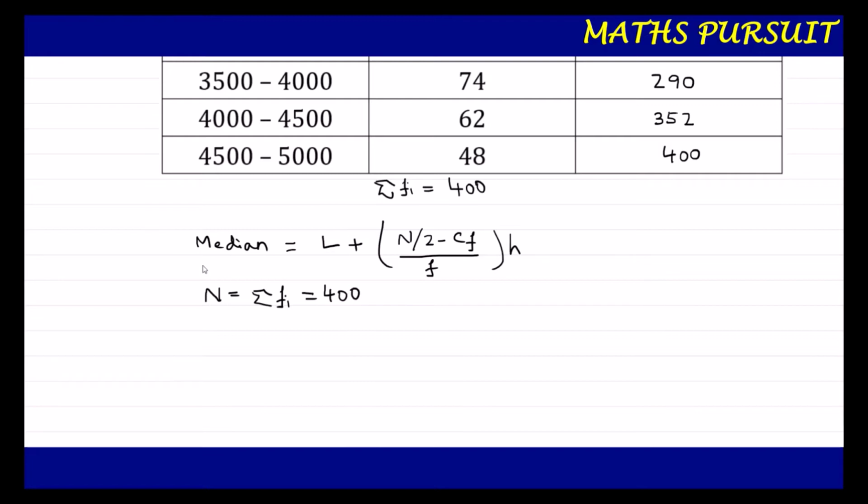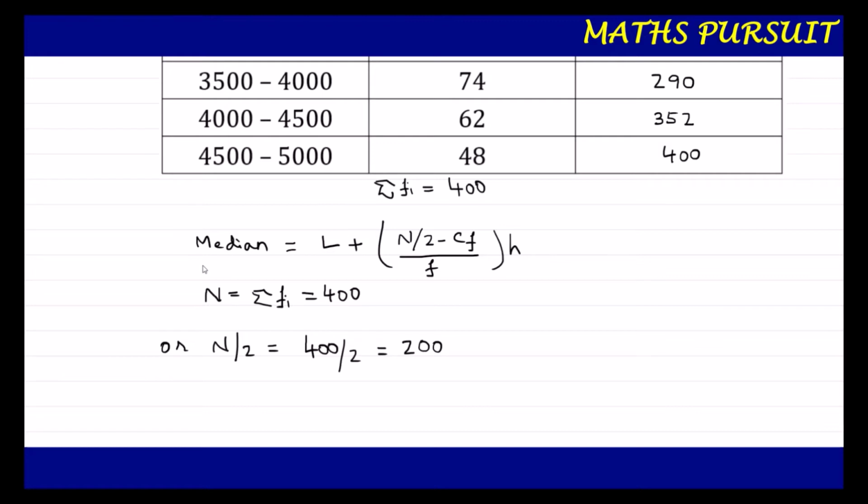Because we need n upon 2, n upon 2 is equal to 400 upon 2, that is equal to 200. So we got the value of n by 2 as 200.